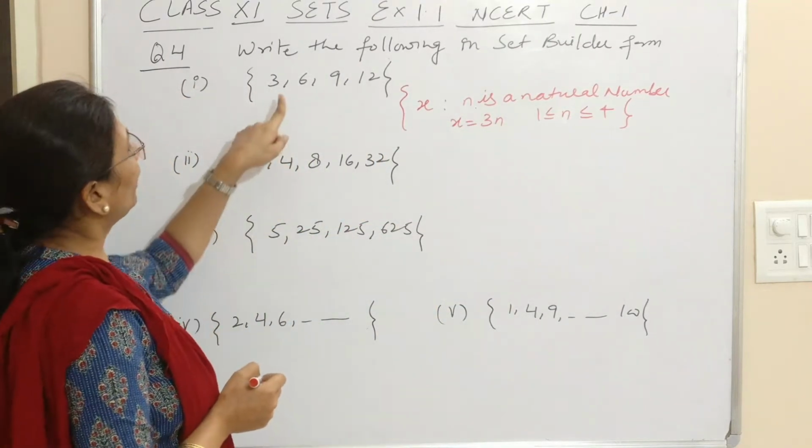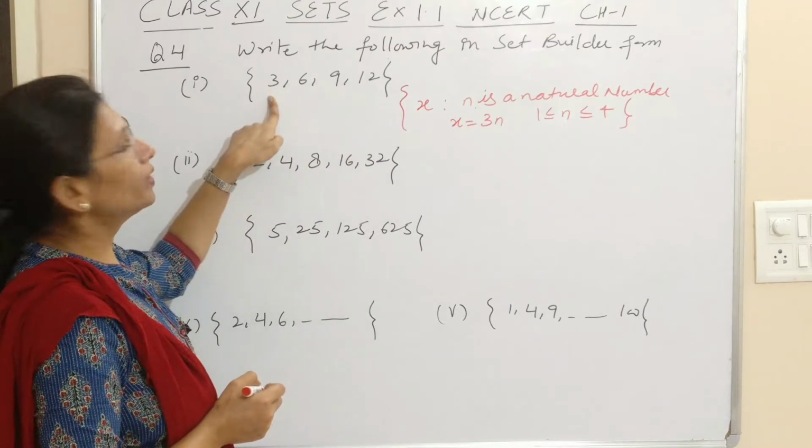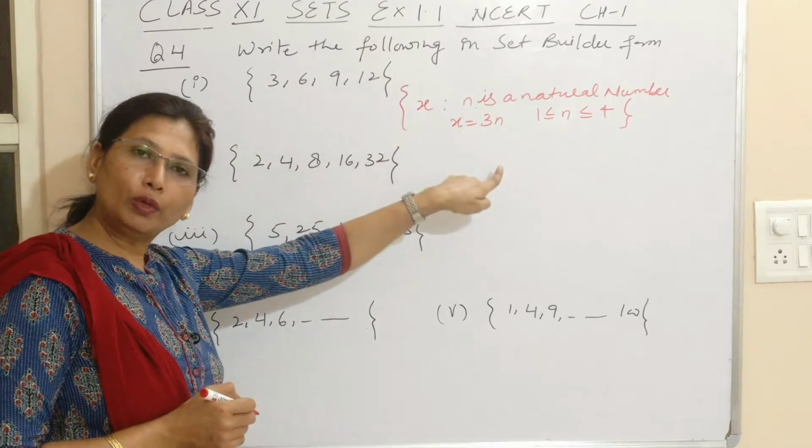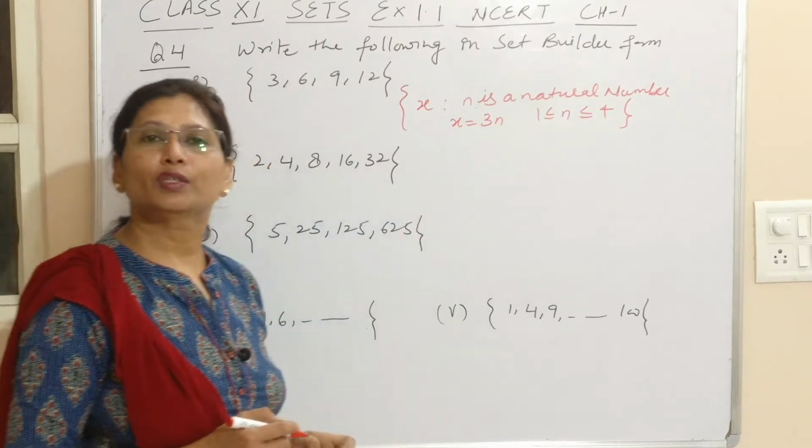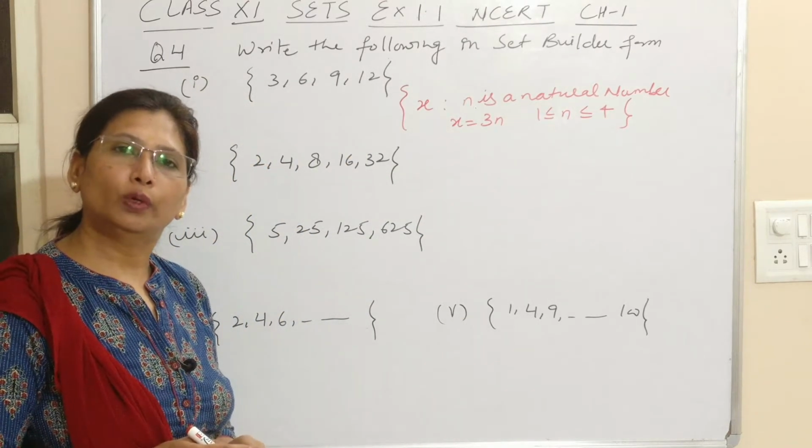Because if you take n equal to 1, you get the first element. If you keep n equal to 2, you get the second element and so on. The last element is 12 if you keep n equal to 4.